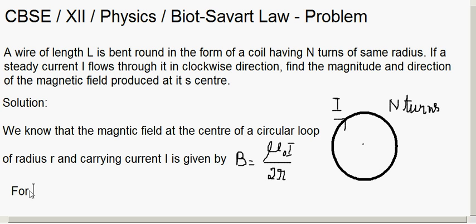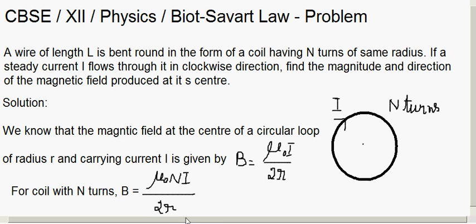For a circular loop with n turns, B becomes equal to mu naught into N I, that is the total current, divided by 2r. Here I is the current and N is the number of turns.